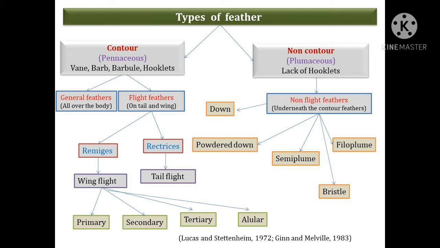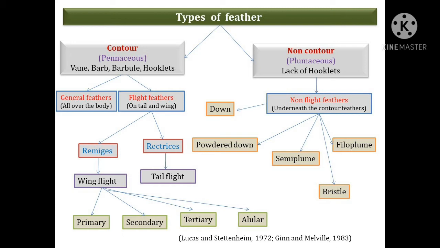And under the non-contour types are the non-flight feathers, and they are underneath the contour feathers. For example, the feathers underneath the contour feathers are down feather, which is cotton-like, then powder down, semi-plume, bristle feather which are present on head and nares, and the plumes.